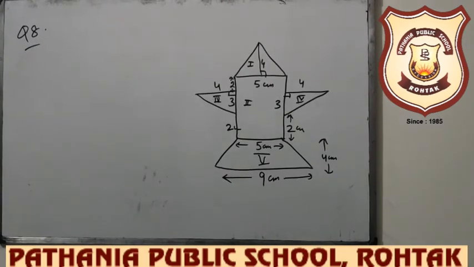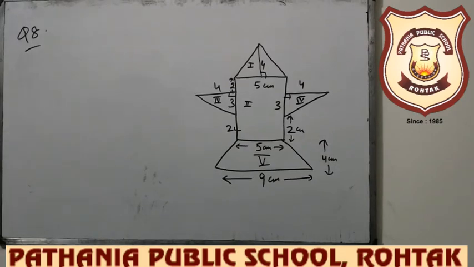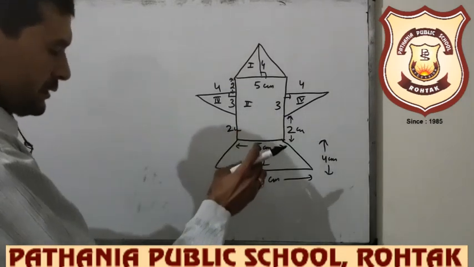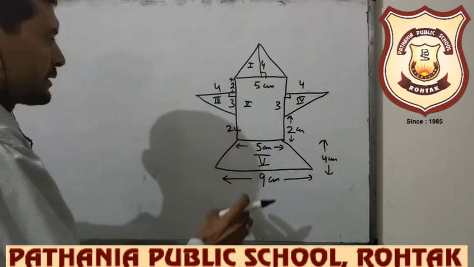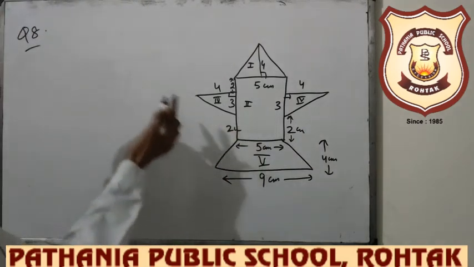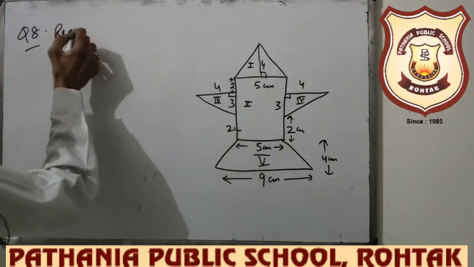Now beta question number 8. In this the model of an aeroplane is given. Find the area of this complete figure. So the required area is what?